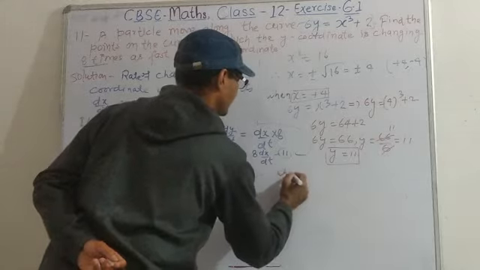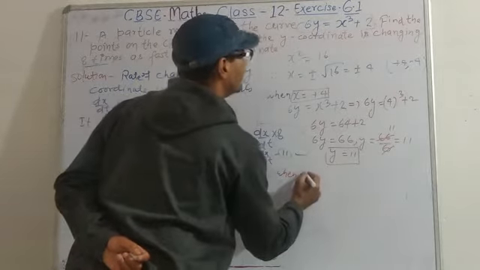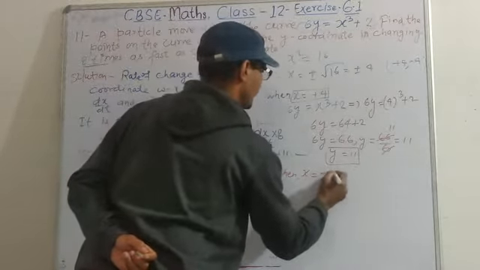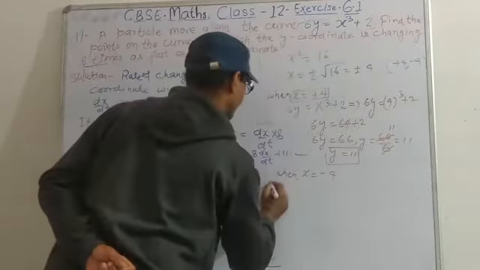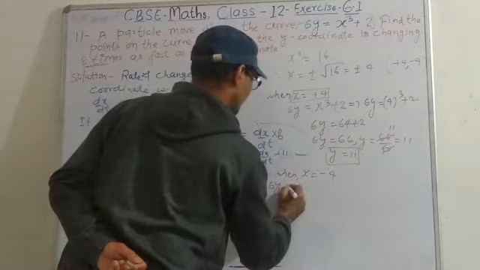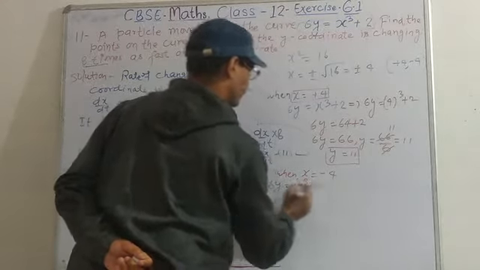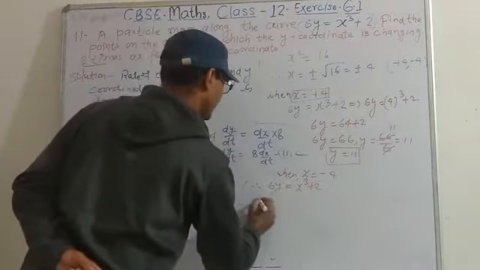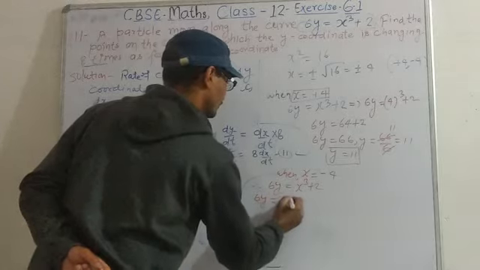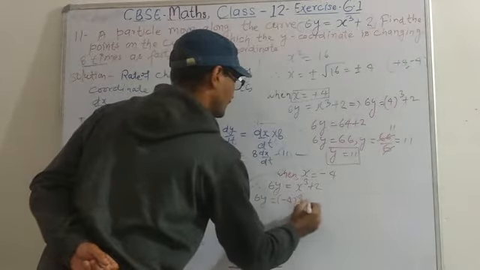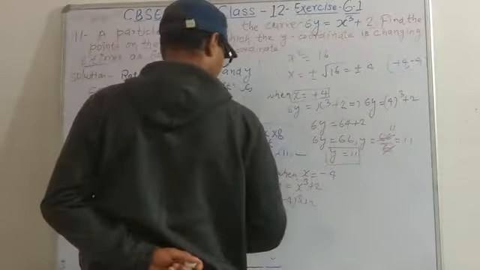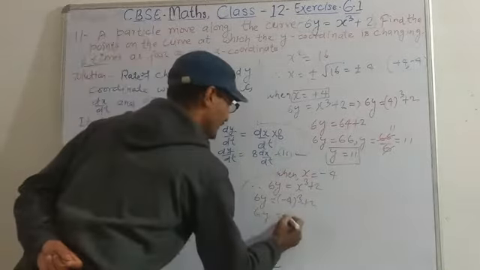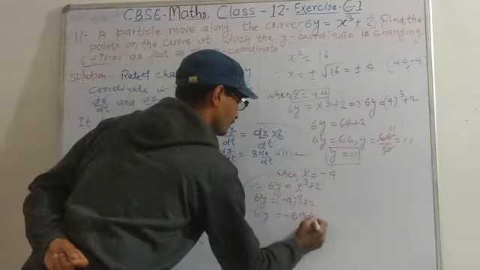Next, x = −4. Our curve was 6y = x³ + 2. Putting −4 in place of x, 6y = (−4)³ + 2. 4 into 4 is 16, into 4 is 64, and the sign is negative, plus 2.